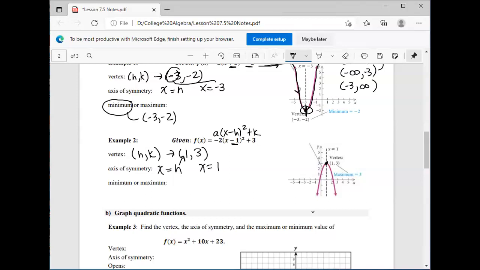It has a highest point, so that's a maximum. And our maximum is always whatever K is here. So the maximum point is 1, 3, but the maximum is also 3, right? It never gets higher than 3. So you think about, well, why does it get any higher than 3? That's your maximum.